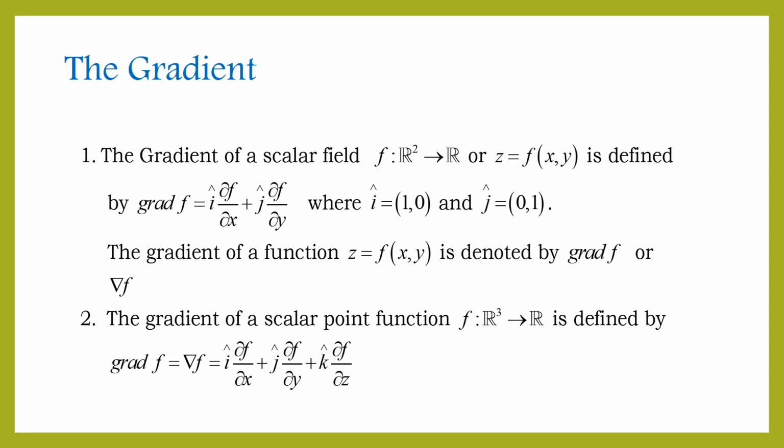So its gradient is defined by gradient of f or grad f or del f equals i cap ∂/∂x plus j cap ∂/∂y plus k cap ∂/∂z. Here we can observe one fact. Here the function is a scalar point function, but the gradient is a vector point function.